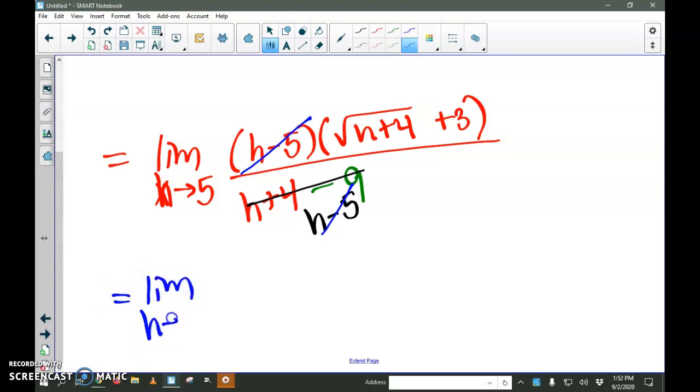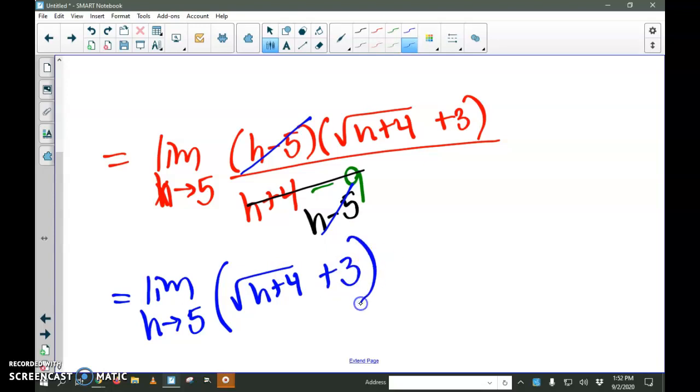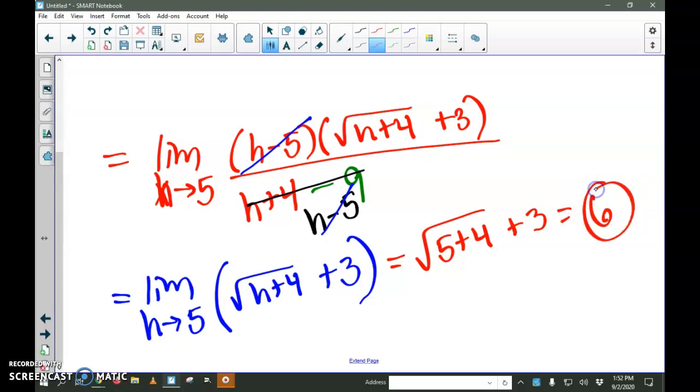So the limit as h approaches 5, because I have multiple terms, I'm going to use parentheses because the limit is being applied to all terms. So I'm going to group these together. I'm left with the square root of h plus 4 plus 3. And now I can substitute that 5 in. I get square root of 5 plus 4 plus 3, which is going to equal 6.